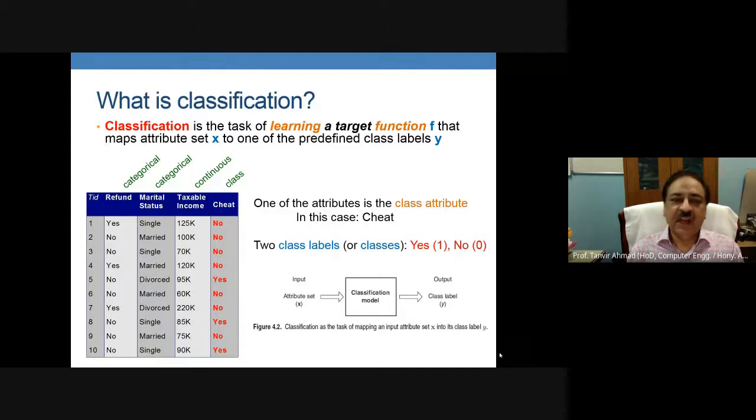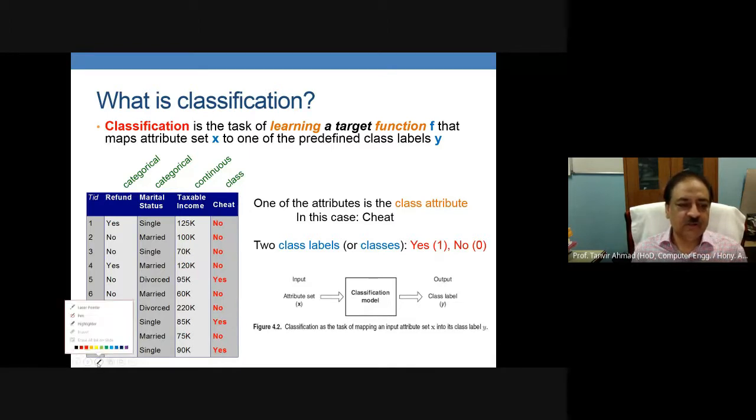Pure means that each and every data value in that particular attribute will have unique values, and therefore it will be a little difficult for us to classify that.